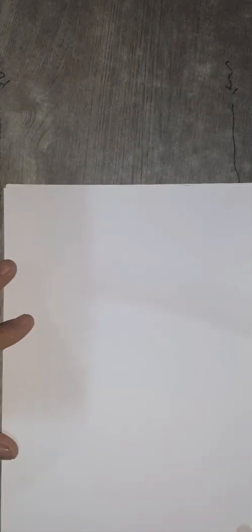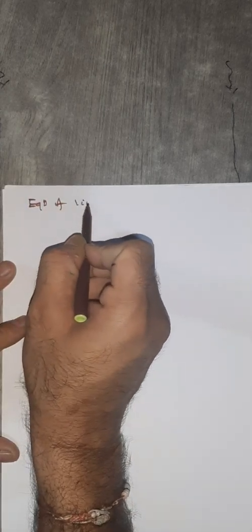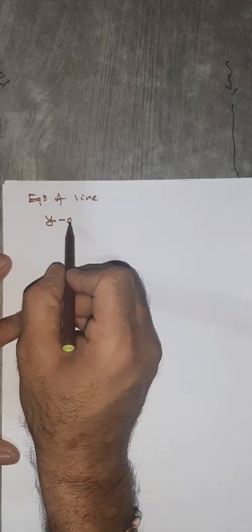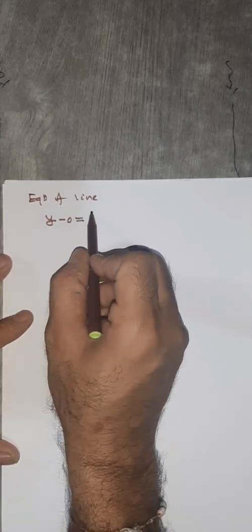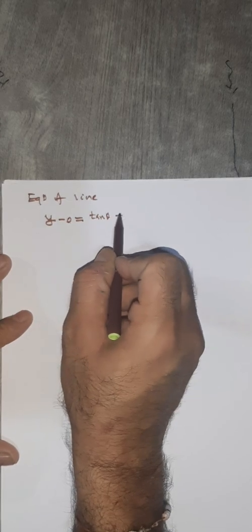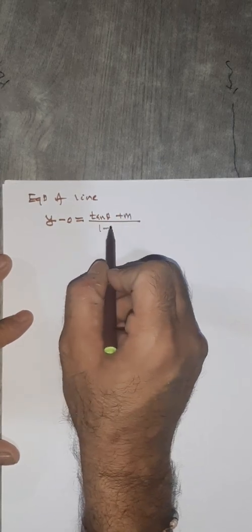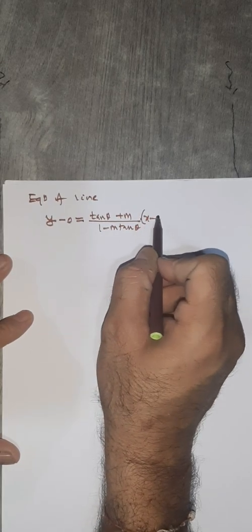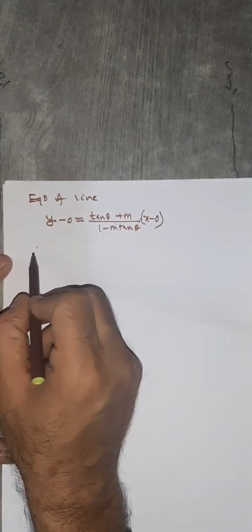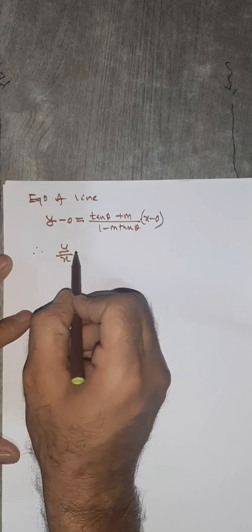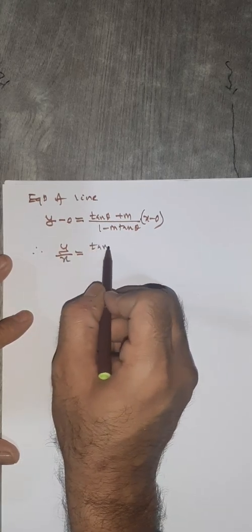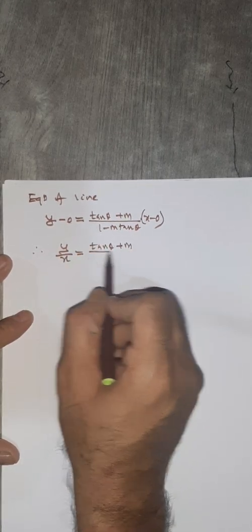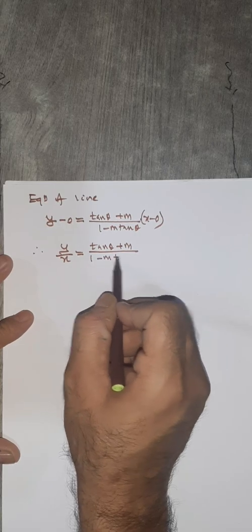So I'm writing the equation of the line here. y minus y0, that is 0, equals slope, tan theta plus m upon 1 minus m tan theta, into x minus x0, which is 0. I'll take x down here. So y by x equals tan theta plus m upon 1 minus m tan theta.